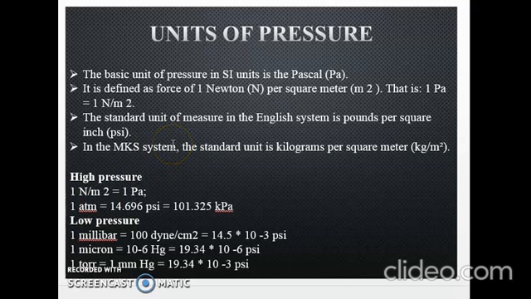The next unit for measurement of low pressure is torr, and 1 torr is equal to 1 mm of Hg, equivalent to 19.34 into 10 raised to power minus 3 pound per square inch. So these are some units that can be used for measurement of pressure.